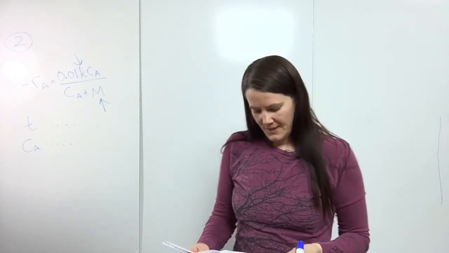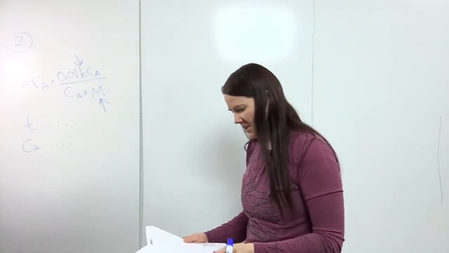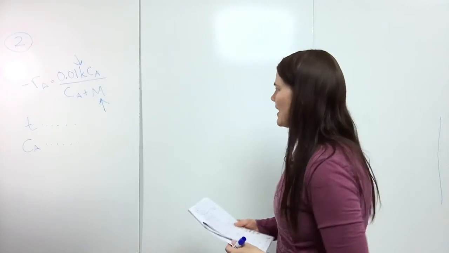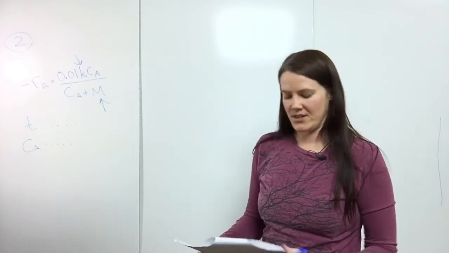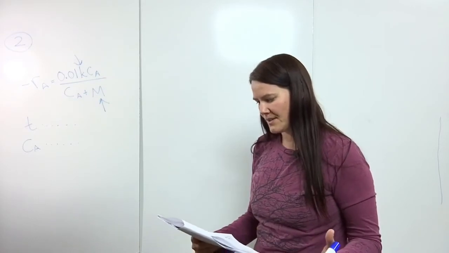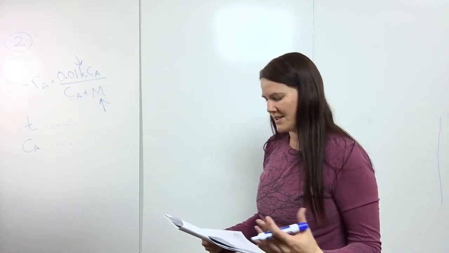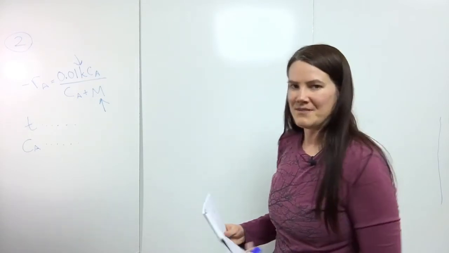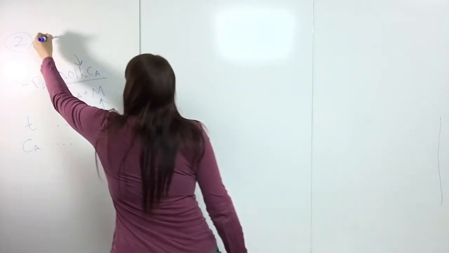So the way this works is, first of all, we want to write down our mole balance for a batch reactor because we're assuming all of these, whenever you're getting data like this, it's almost always done in a batch reactor, so I'm just making that assumption. So batch.